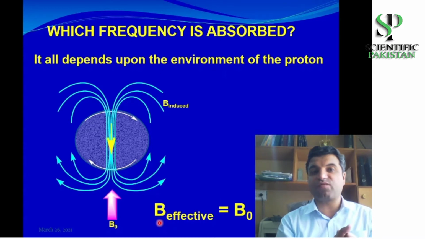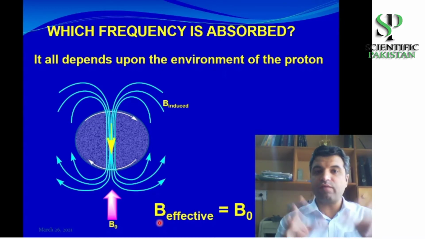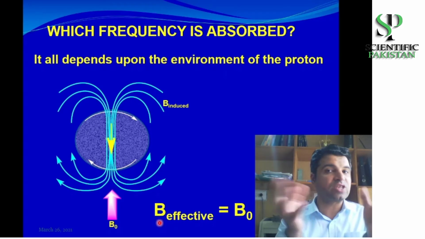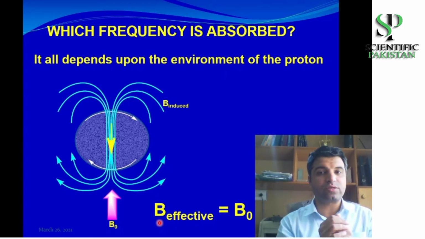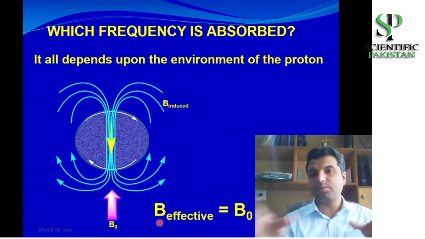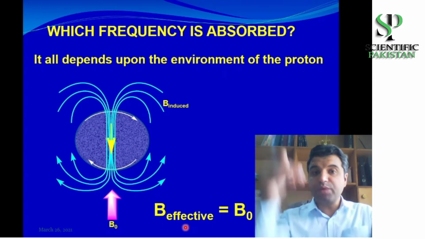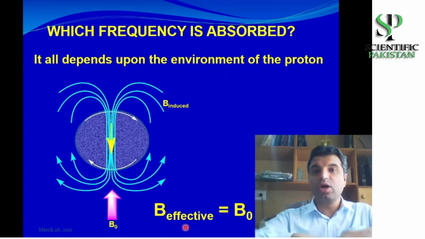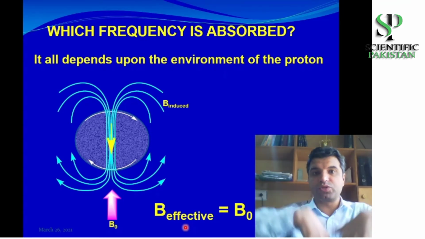And this is the effective magnetic field that actually changes its behavior. So every nucleus, every proton, or every carbon does not receive exactly the same magnetic field as B naught, as we are providing it from outside, but its local environment changes the overall strength of the applied magnetic field, and that is what it gets as a result, B effective. So B effective is smaller in a region where the magnetic field lines are opposing.